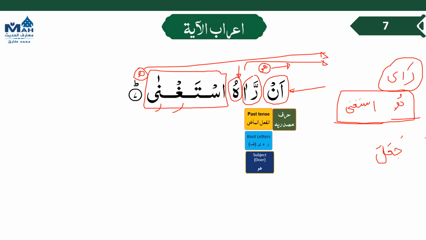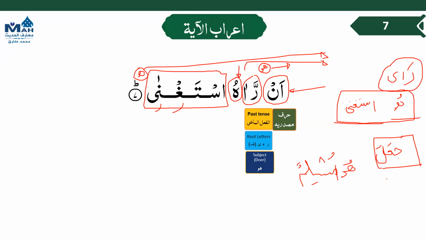Actually, there is a group of verbs, only 6 or 7, and they enter on jumla ismiya. For example, huwa muslimun. Now, I want to use ja'ala. What does ja'ala mean?